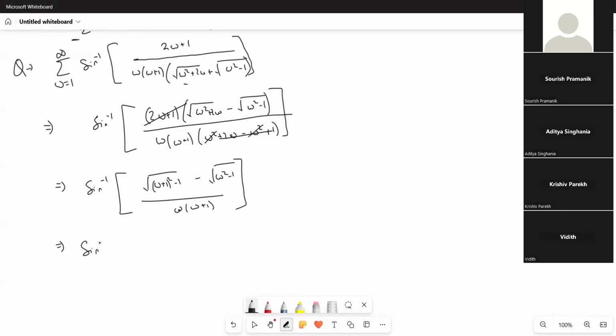So this would be like writing sin inverse of 1 by omega into root over of 1 minus 1 by omega plus 1 whole square minus 1 by omega plus 1 into root over of 1 minus 1 by omega square. Now ये फॉर्म क्या बन गया?